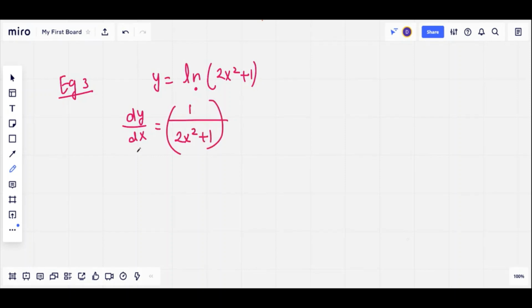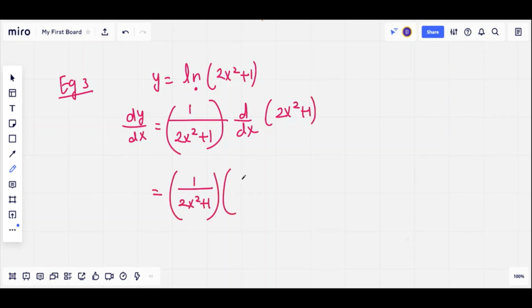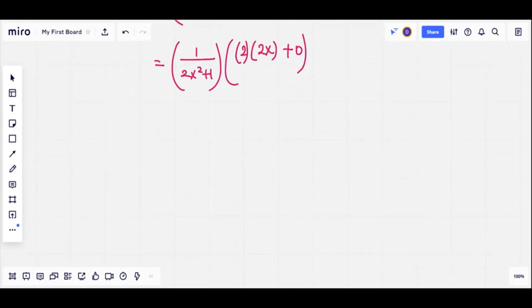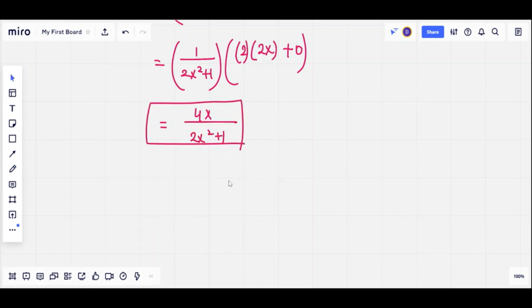Then we go inside and differentiate 2x square plus 1. So 1 over 2x square plus 1 remains as it is. For the differentiation of 2x square, 2 is a constant, so it comes outside. The differentiation of x square using the chain rule is 2x, and the differentiation of 1 is just 0 because that's a constant. So this comes out as 4x over 2x square plus 1. This is the answer for this question.